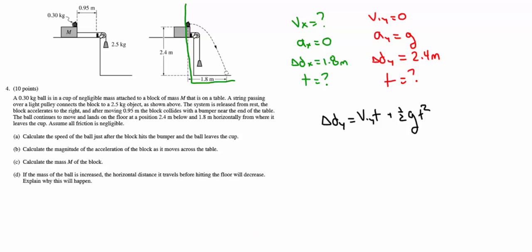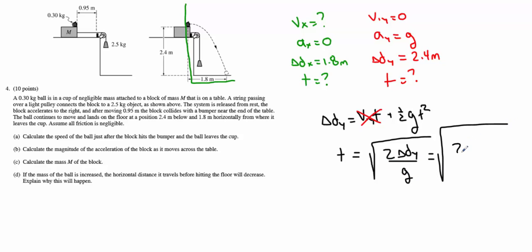I know v_iy is 0, so v_iy t is 0. I can rearrange this for time to show that the time is going to be the square root of 2 delta dy divided by g. And so at this point I can plug in my numbers. 2 times 2.4, divided by 10.